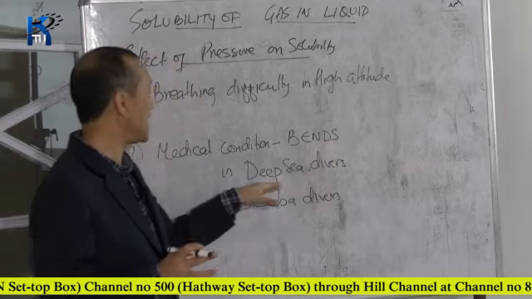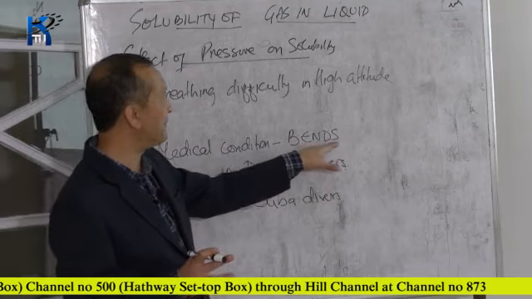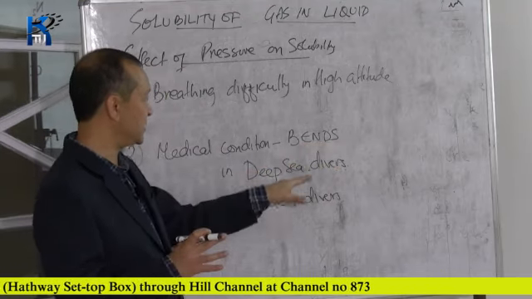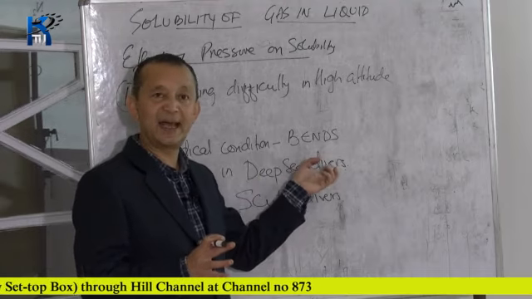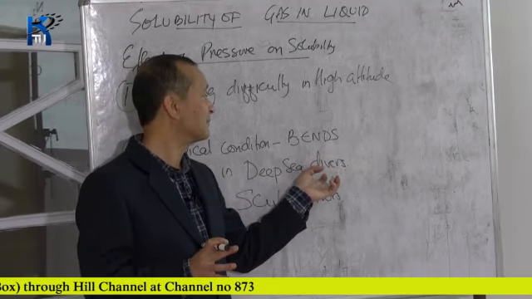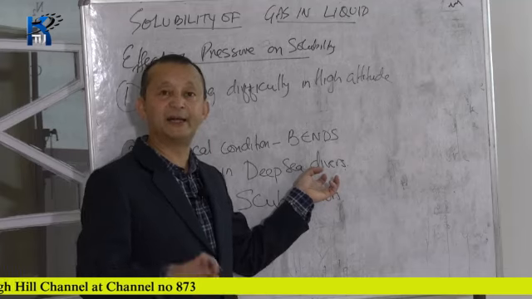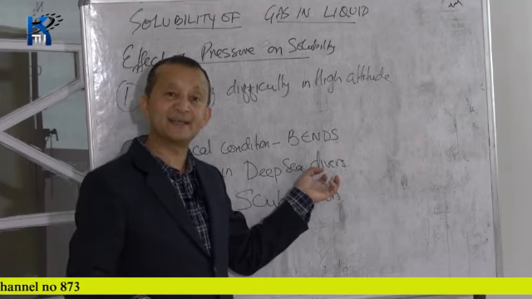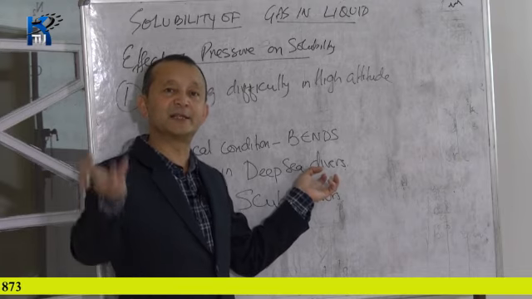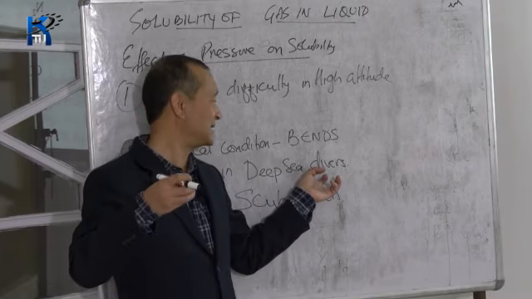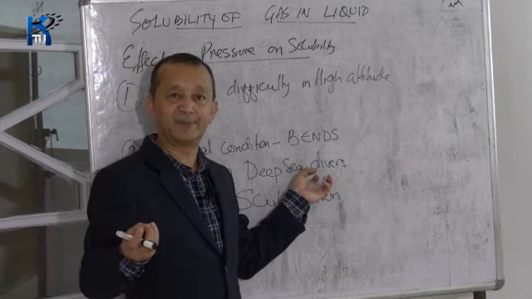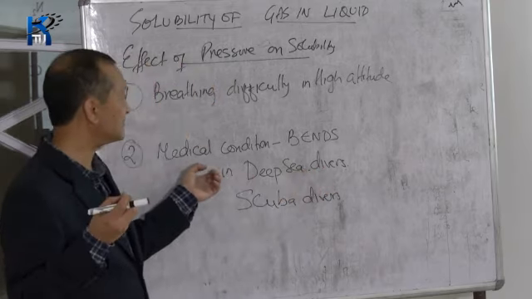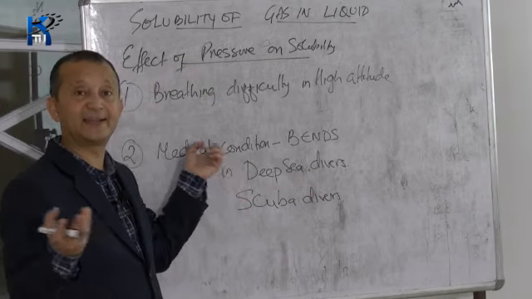So bends happens in people associated with deep sea diving. Because of high pressure at the bottom of the ocean, the solubility of oxygen and nitrogen increases, and when they suddenly come to the surface, these gases come out of the bloodstream as bubbles, and it causes blockage.